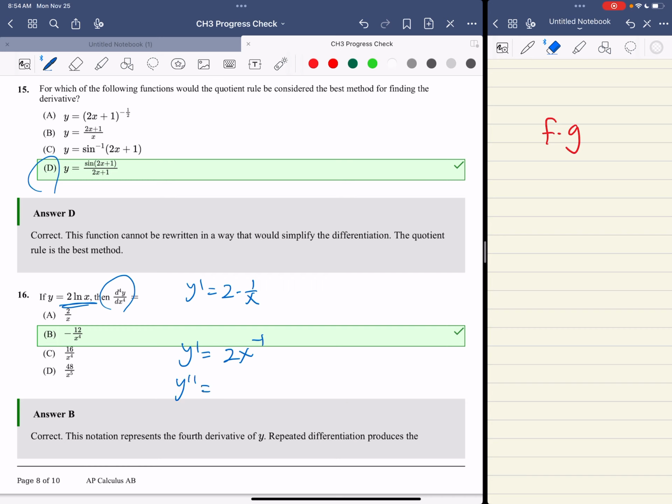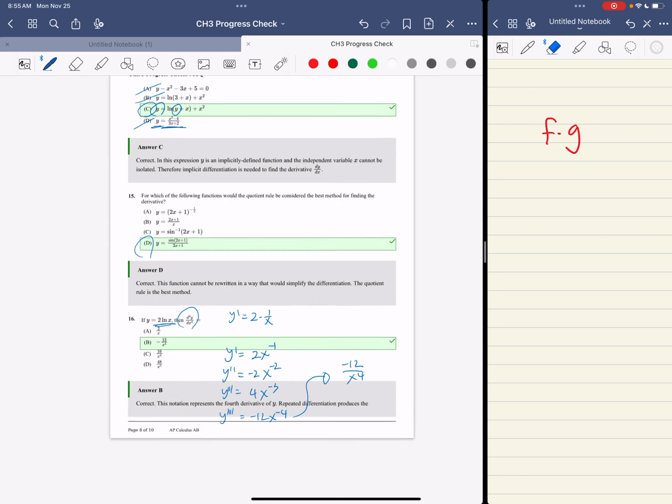So y double prime is negative 2x to the negative 2 power. Y triple prime is going to be positive 4x to the negative 3 power. The 4th derivative is going to be negative 12x to the negative 4th power. And when you rewrite it, negative 12 over x to the 4th power. It's that easy. It's not that difficult.